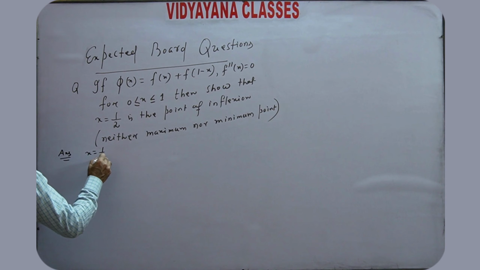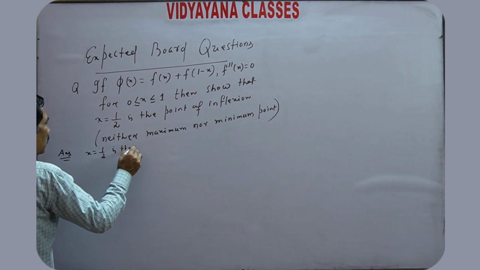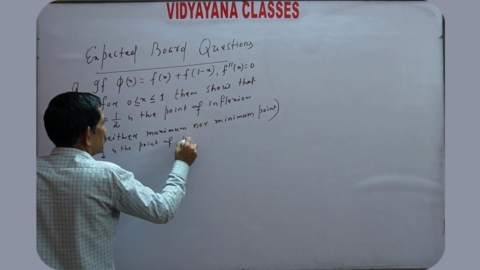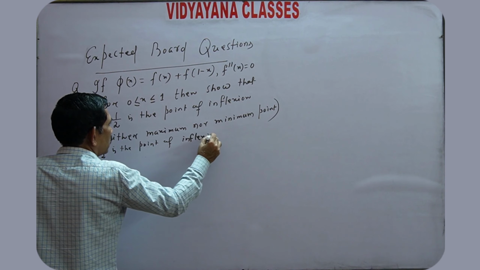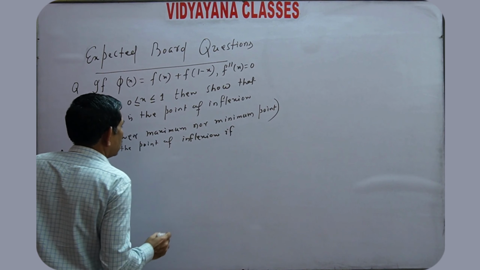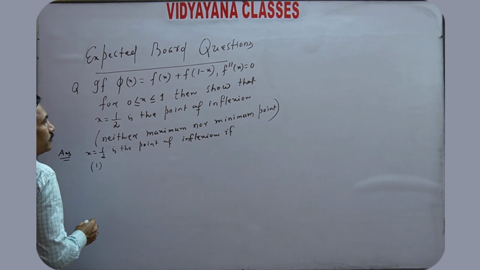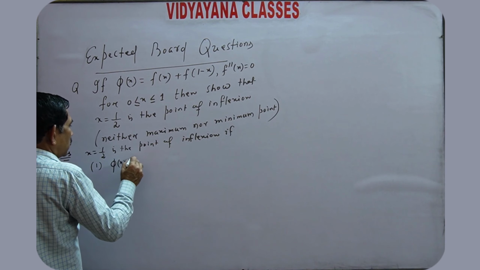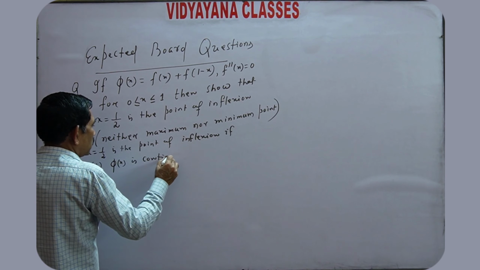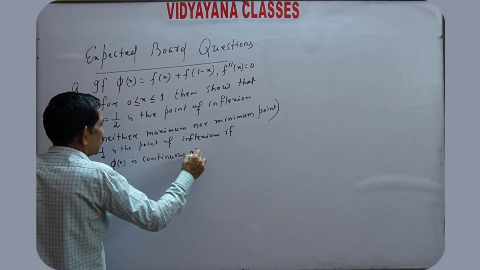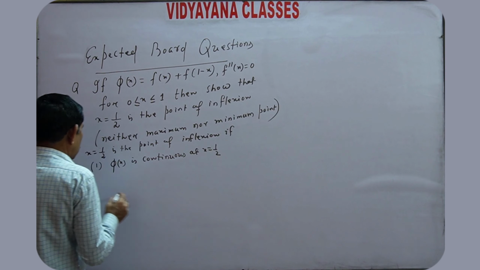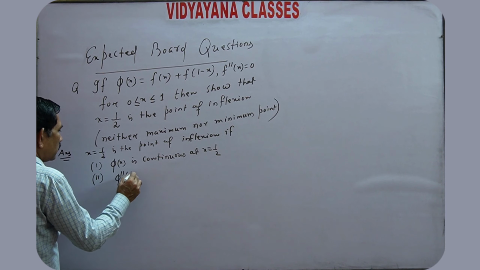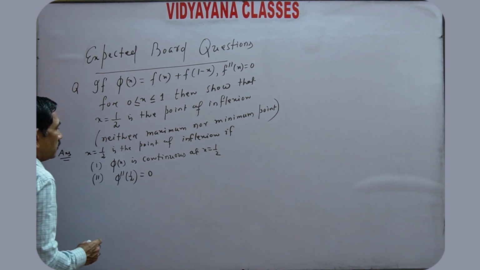x equal to half is the point of inflection if, first condition, phi x is continuous at x equal to half. Second condition, phi double dash half is equal to 0.